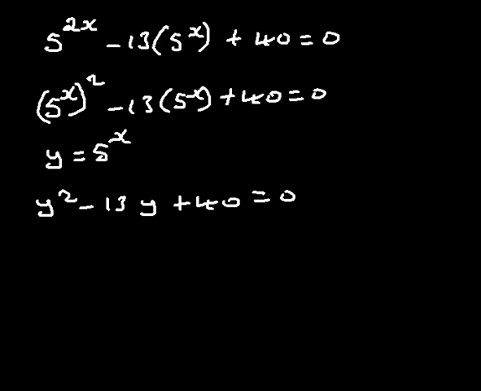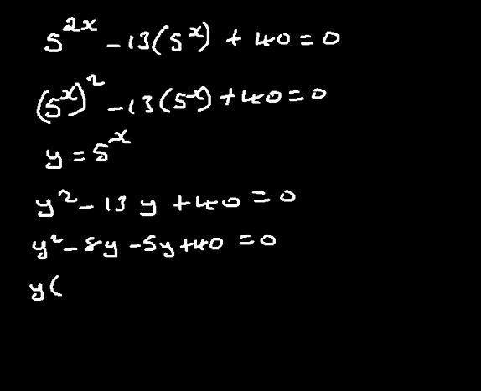Then how should we factorize this? This is the same as y squared minus 8y minus 5y plus 40, which is equal to 0.